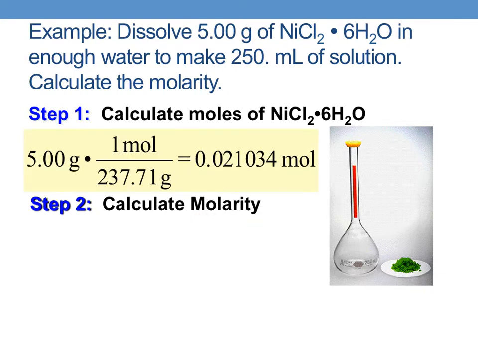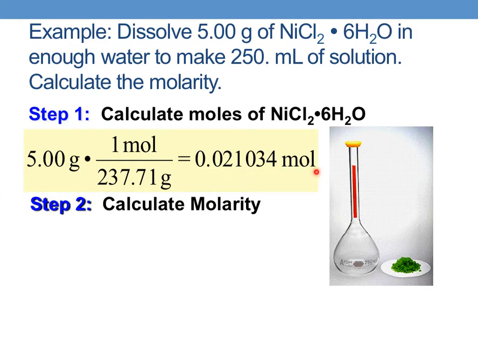So for step 1, we know how many grams we have: 5 grams of nickel chloride. Using the molecular weight, we can change it into moles. And this molecular weight is 1 nickel, 2 chlorines, and then plus 6 waters. And that gets us this molecular weight.